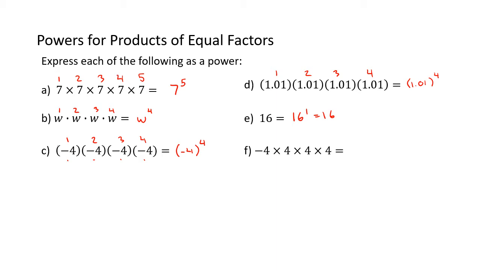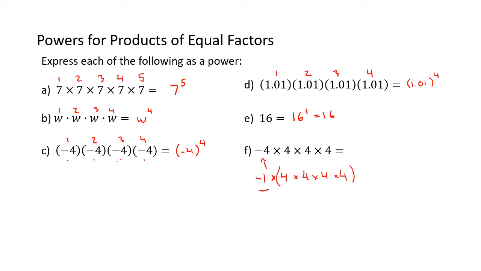But if you have a negative number, you can write that as negative 1 multiplied by the positive number, because negative 1 times 4 is the same as negative 4. So if we rewrote this as negative 1 times 4 and then times 4 times 4 times 4 times 4, you can see that we have 4 multiplied by itself 4 times, and we have a -1.